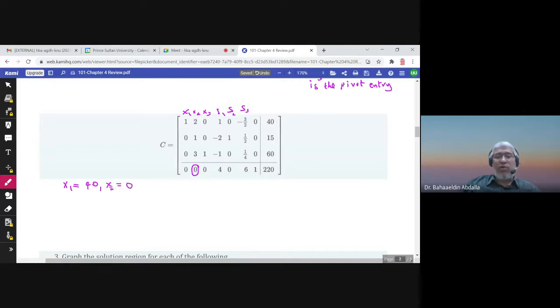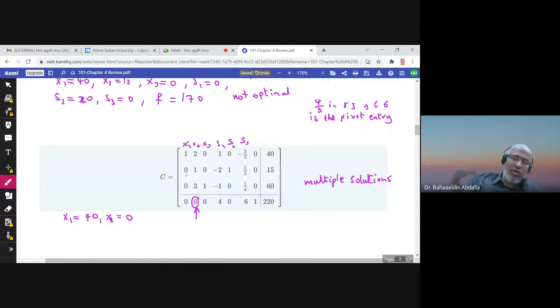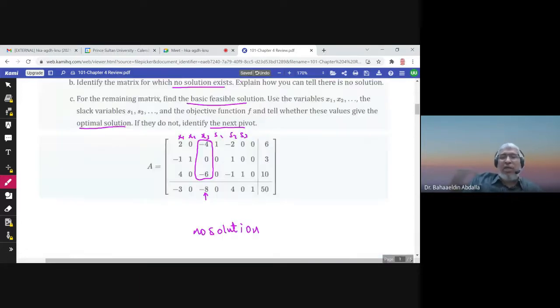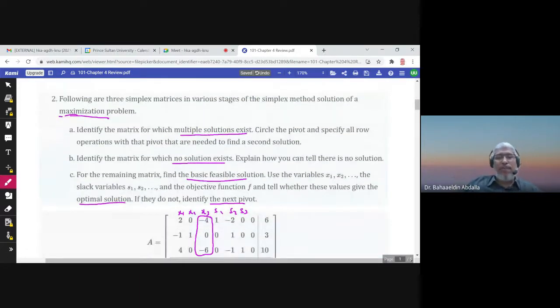So we put X2 0, but we immediately notice that this linear programming problem has multiple solutions. There will be multiple solutions whenever we have a non-basic variable with a 0 in the indicator line.